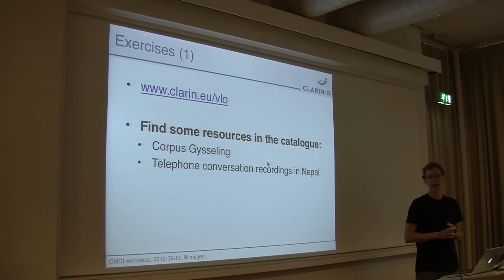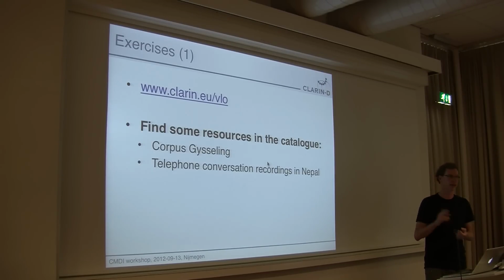It's growing, and of course there's a large difference in the granularity of the metadata descriptions. So you have certain metadata records which are describing a whole corpus, and others which are describing just one single annotation file in the corpus. That's also one of the challenges when looking through this huge amount of metadata, to see how granular certain metadata descriptions are.